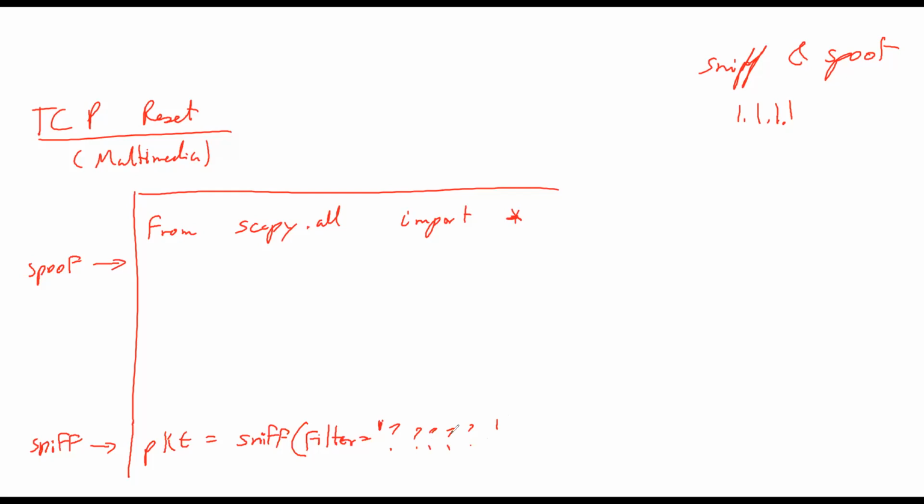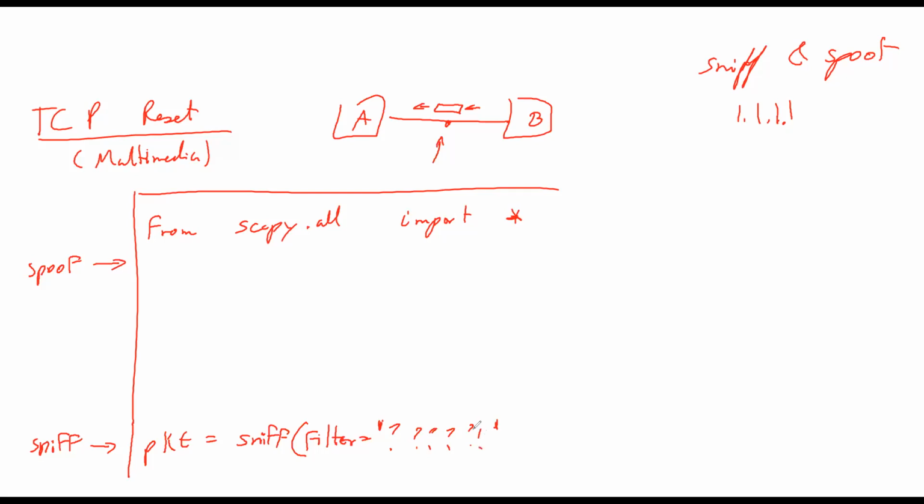Remember, whenever you're thinking of sniffing, you should think in terms of, I'm here, and you're looking at every packet that's going. So the direction is very important. Which way is it going? You have to think about that in those terms.